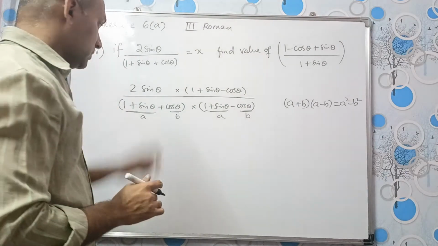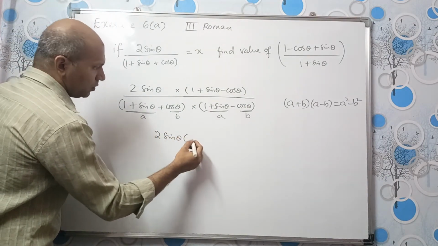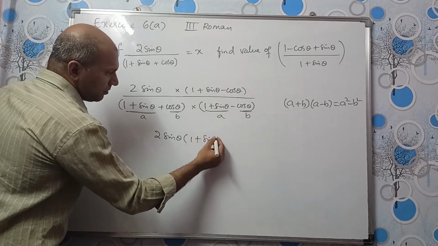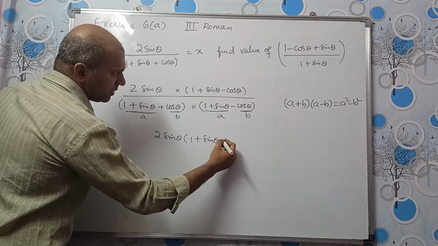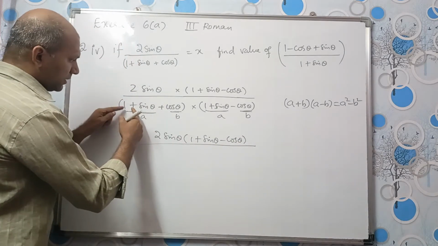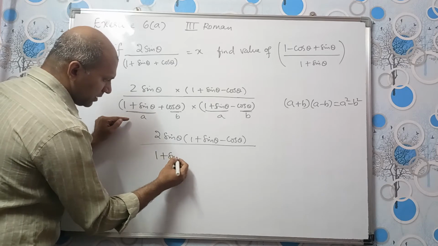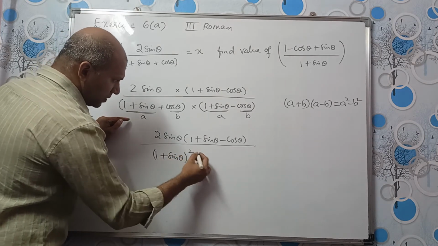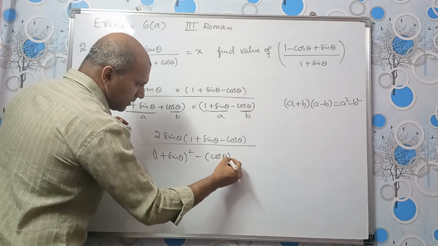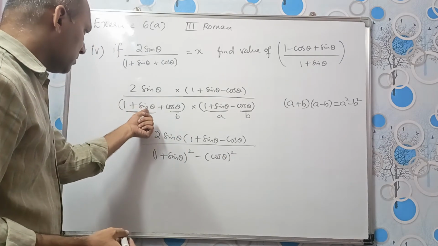Alright? Okay. So numerator let us write as it is, 2 sin theta, 1 plus sin minus cos divided by, this is A plus B, A minus B. So this will be A square minus B square. A square, because A is 1 plus sine theta, right?